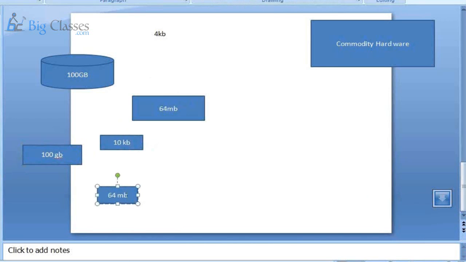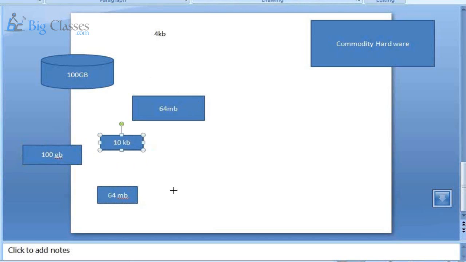Tell me where you are going to get the maximum number of file splits, in 10 KB or 64 MB, Murli? 10 KB. Okay. 10 KB, you are going to have the maximum number of splits.